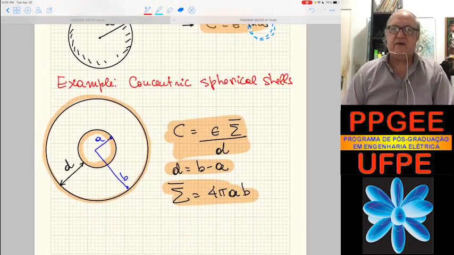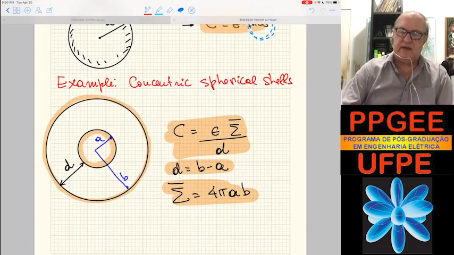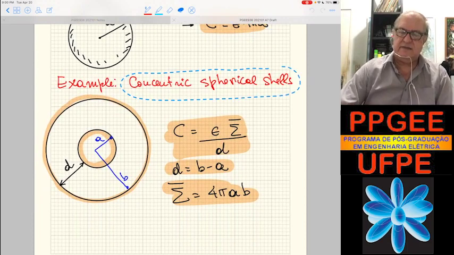We have a spherical capacitor. We have two concentric spherical shells.